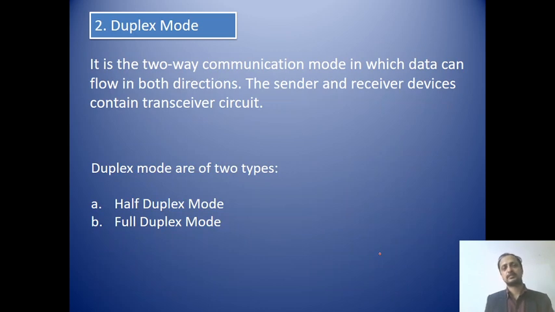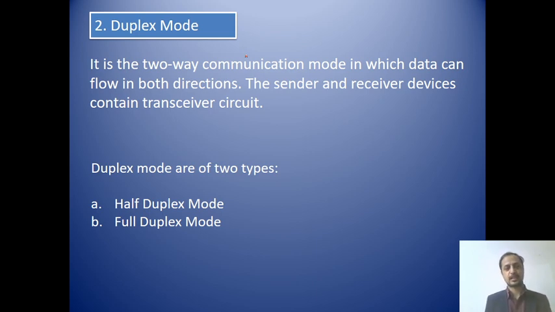Another data transmission mode is duplex mode. In duplex mode, what happens? Just the opposite of simplex mode. In simplex mode, the data is always transmitted in one direction, so simplex mode is often called unidirectional transmission mode. Duplex mode can provide data communication in two ways.